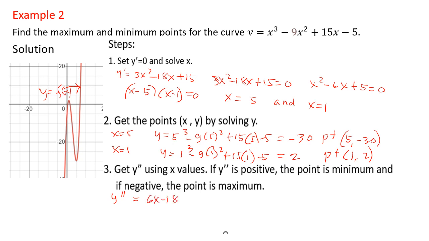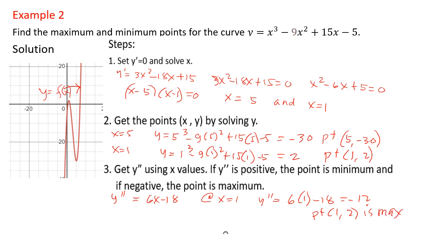As x equals 1, y double prime equals 6 times 1 minus 18 equals minus 12. So the point 1, 2 is maximum.